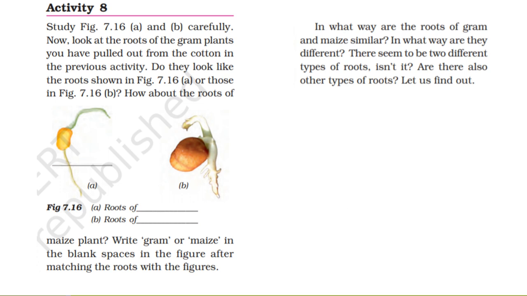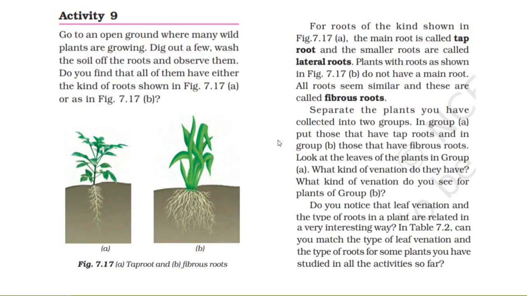You can see that one root is quite broad, and this is somewhat fiber like, a thread like structure, right? So on the basis of this, now we will take two different kinds of plants from the open ground and try to dig them out carefully without damaging their roots. Now we will observe the roots of these plants.